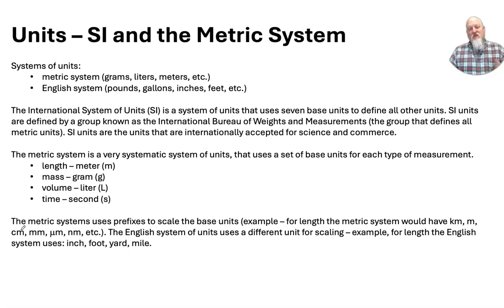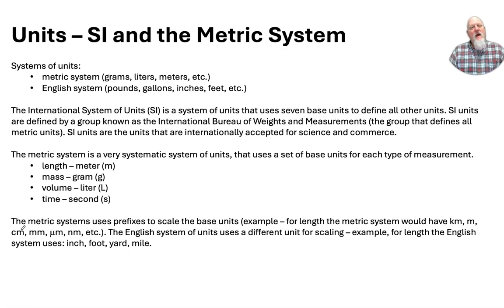The metric unit of length is called a meter. Okay, so every unit of length in the metric system has meter in it. It may have a prefix on it, like kilometer, which is 1,000 times bigger than a meter, but it still has meter in it, which tells us it's a length. The metric unit of mass is a gram.